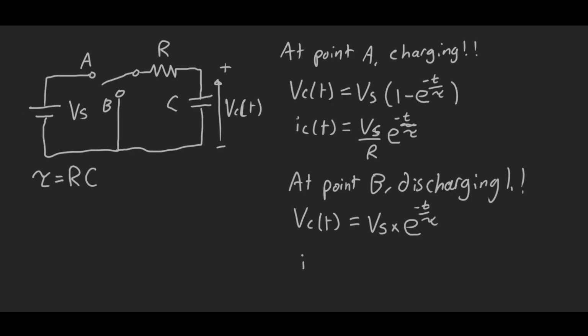And the current formula, Ic of t, is this time equal to minus Vs over R multiplied by e to the minus t over tau. What's important here is that you consider that minus sign for the discharging of a capacitor.